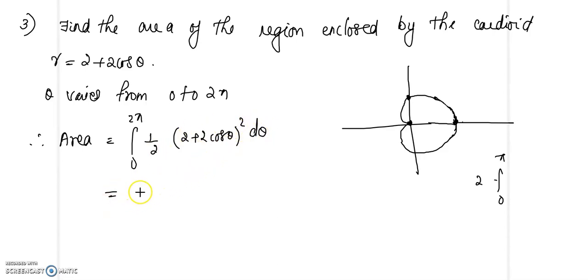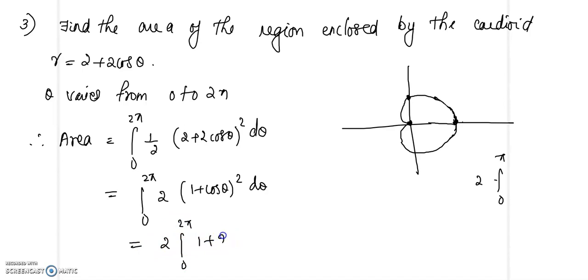So now here you will get integral 0 to 2 pi. So this will be equal to 2 times integral of (1 plus cos theta) whole square d theta. So that will be 2 times integral 0 to 2 pi of 1 plus 2 cos theta plus cos square theta, which will be (1 plus cos 2 theta) by 2, d theta.